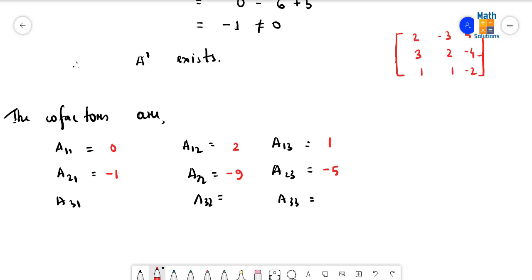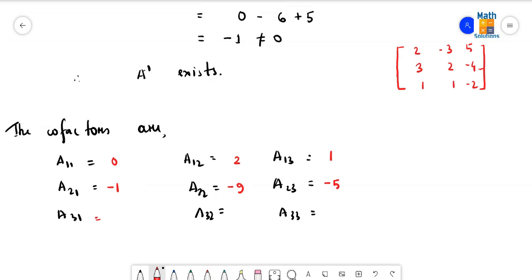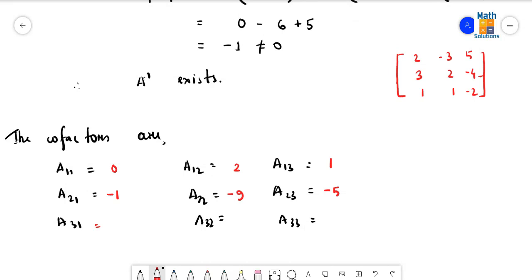And then the next result for A31 will be 12 minus 10, the result is 2 here. A32, the result will be 8.